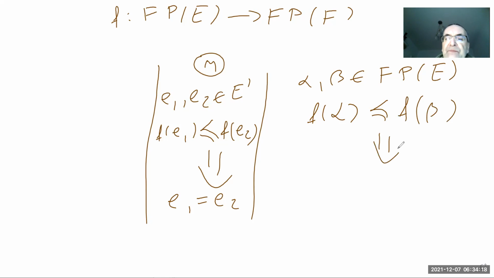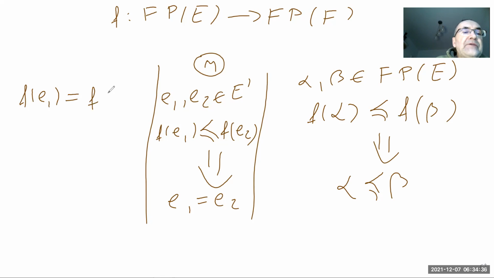This implies that alpha is less or equal than beta. And finally, we just have plain injectivity, on edges, which says that if I have f of E1 equal to f of E2, then this implies that E1 is equal to E2.